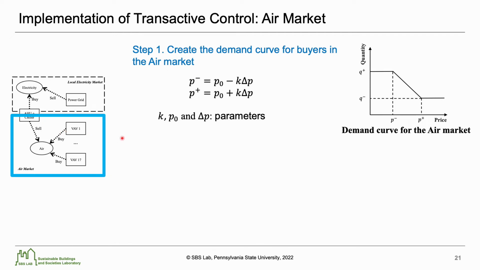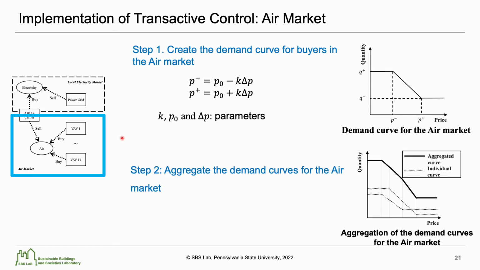After we create the demand curve for individual buyers, the next step is to aggregate the demand curves for the entire air market. As you can see from this figure, the demands under the same price in all curves are summed to form an aggregated demand curve of the entire air market.